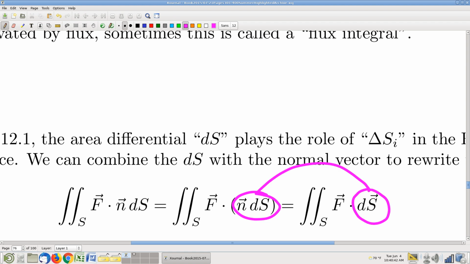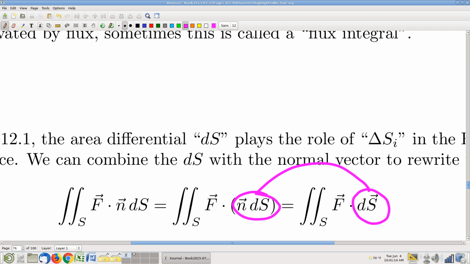All right, so let's take a look at it. What is this ds vector? This ds vector is a single vector telling you everything you need to know for this flux integral, everything you need to know about what's going on on the piece of surface itself. The direction that this ds vector points is the direction of the orientation. It's telling you how that surface is oriented. What's the magnitude of the ds vector? The magnitude of the ds vector is the ds scalar.